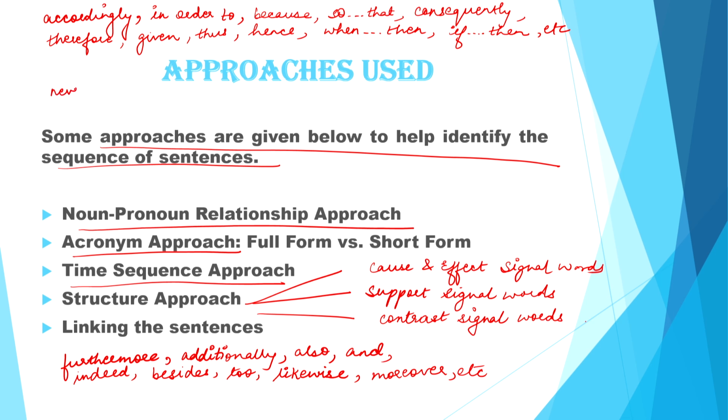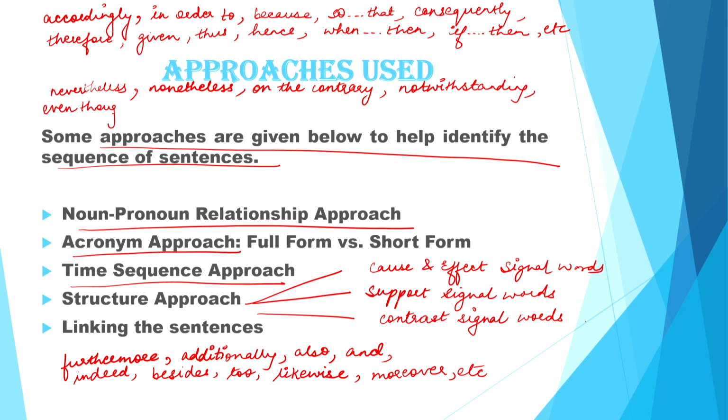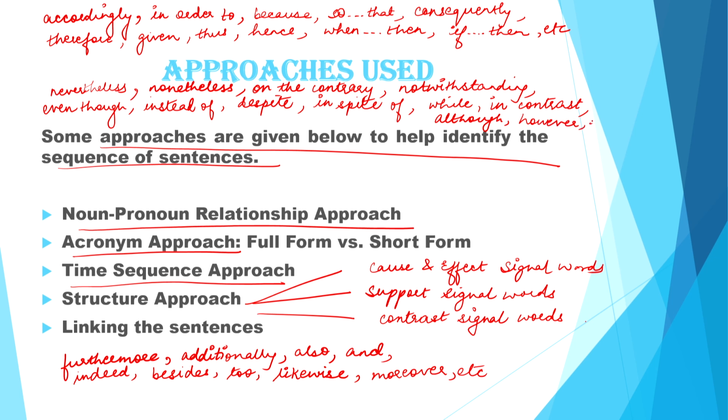So, words like nevertheless, nonetheless, on the contrary, notwithstanding, even though, instead of, despite, in spite of, while, in contrast, although, however, etc. These words convey contrasting ideas, basically show change in tone or negate what has been said.